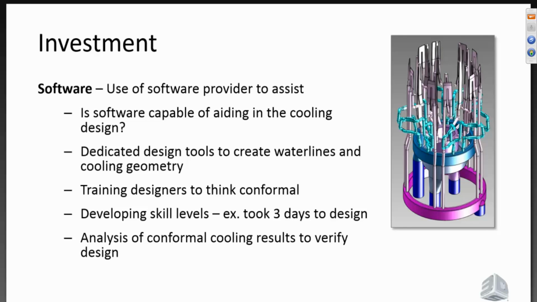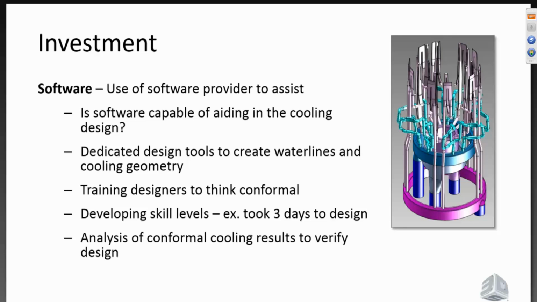When talking about what we need, though, we can't ignore software. It's one thing to have a software provider. It's another thing to have a software provider that can help you. Being part of 3D Systems, it's a big advantage because our software goes hand in hand with the printers and everything else. So is it a provider that's just dumping software on you, or is it one that's helping you because it knows your business of mold making?